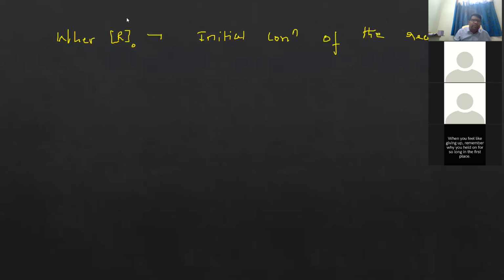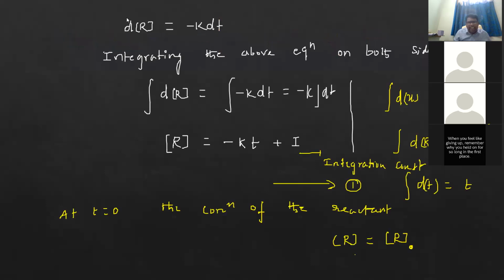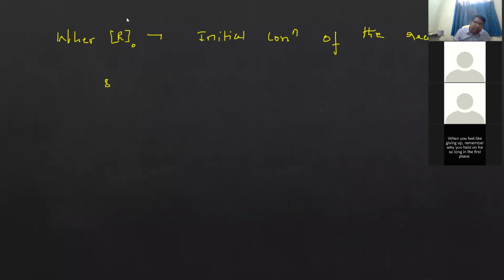So substitute R is equal to R naught and t is equal to 0 in equation 1.